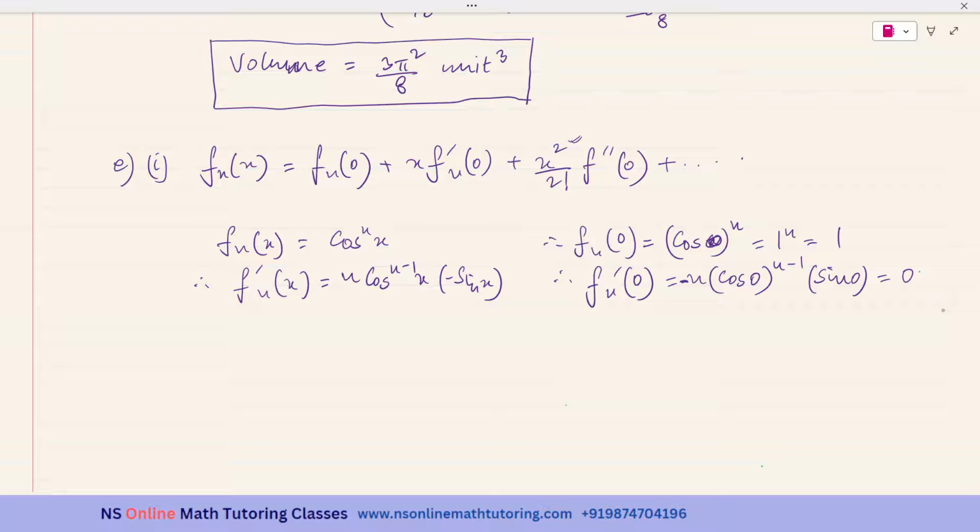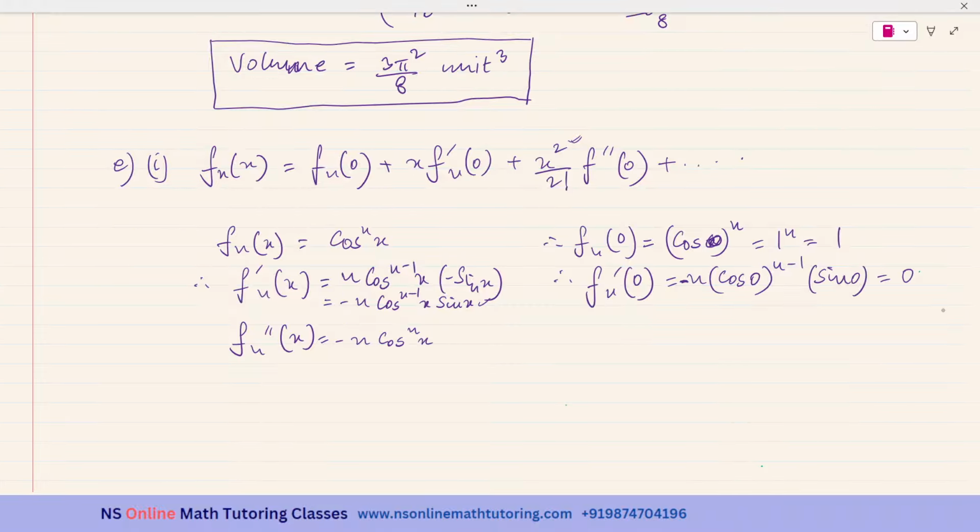Okay, and the second derivative, this is equal to minus n cos to the n minus 1 of x times sin x. Now we have to use the product rule. So it is minus, first of all, let us differentiate sin x, it will be cos x. So it is minus n, and cos to the n minus 1 of x times cos x is cos x to the power of n.